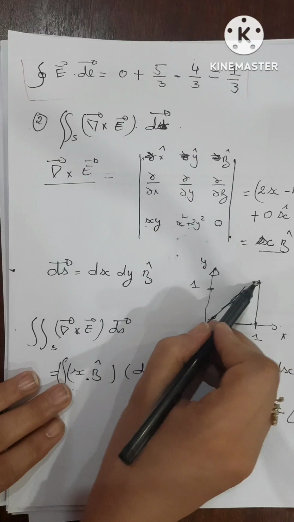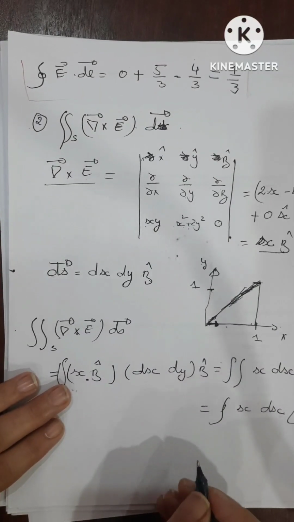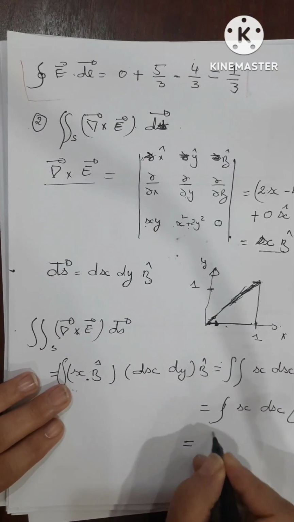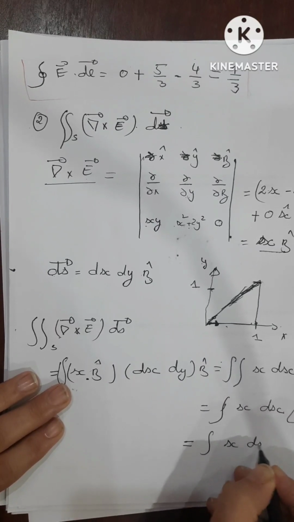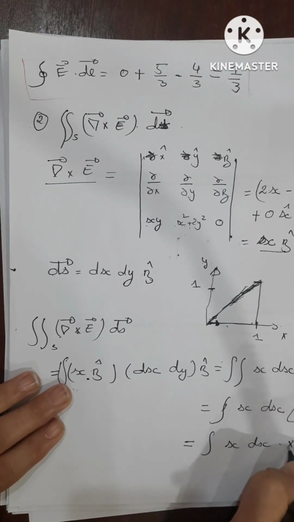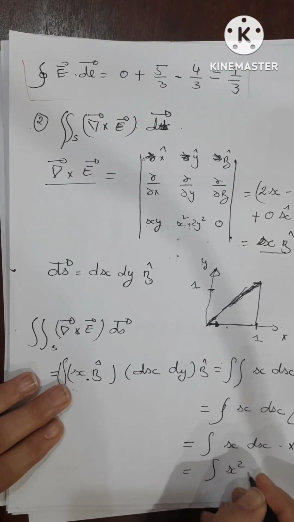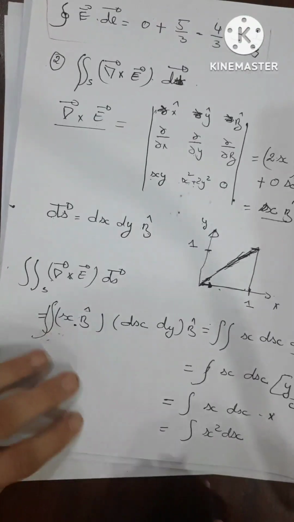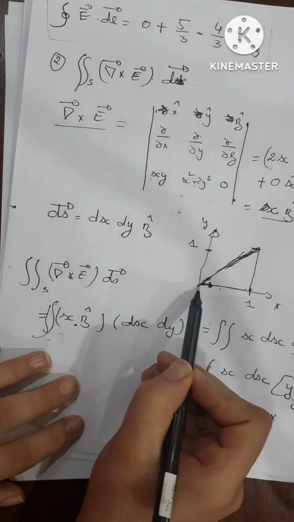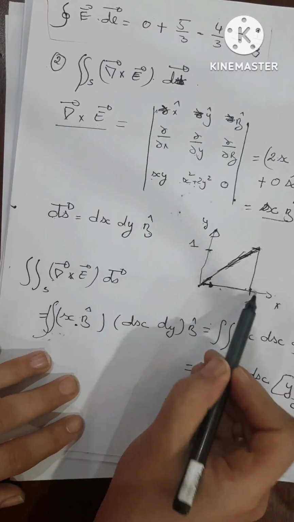Okay, for y from 0 to x. Now it is x dx times x, so it's the integral of x squared dx, where the variable x is from 0 to 1.